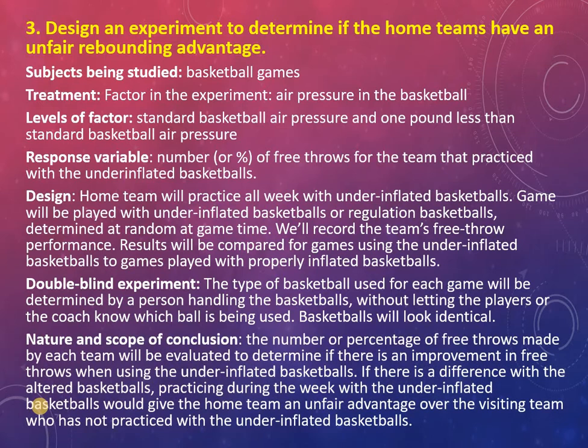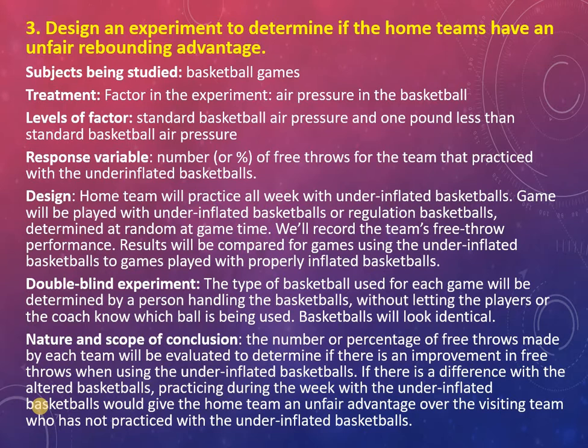And nature and scope, they throw this around a lot, and it's frustrating. I don't like to talk about it too much because one year I literally spent hours looking for a definition of nature and scope online. There wasn't one. Nature and scope just basically talks about what are the goals for your experiment, what are you trying to accomplish, what are some possible issues that you might face along the way.